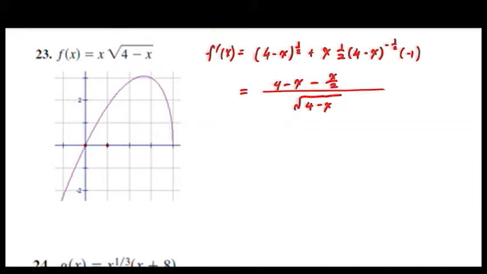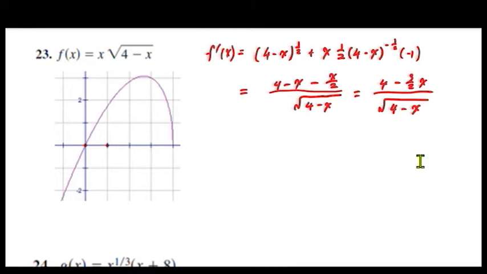I made this line ridiculously long. So what we have is (8 minus 3x) over 2 times the square root of 4 minus x. The reason this is easier to work with than the previous line is you notice that the denominator is always positive. So you only need to worry about the numerator. You know what I'm saying?